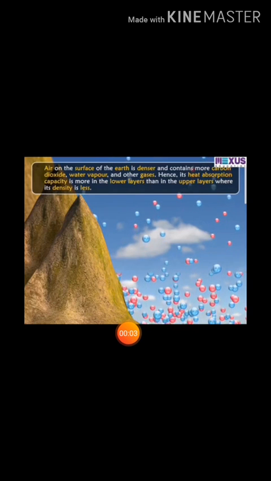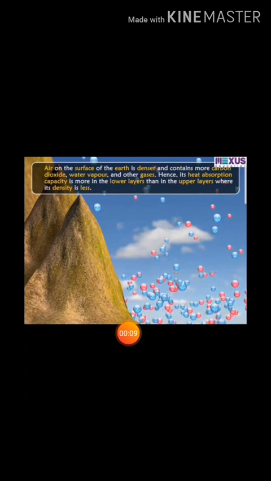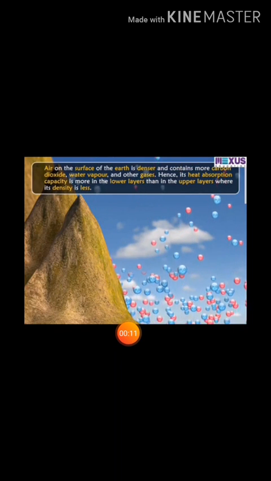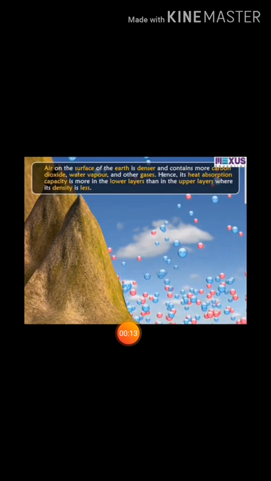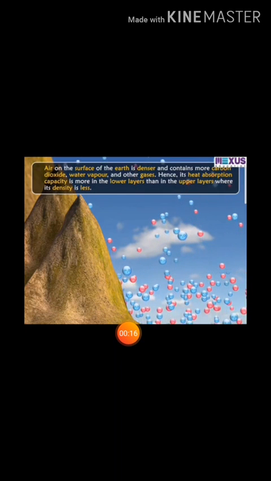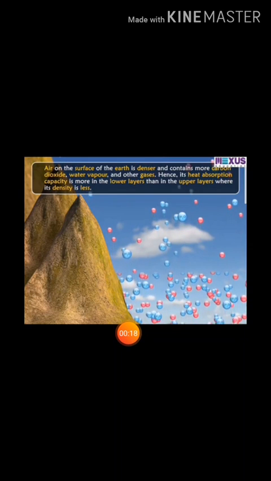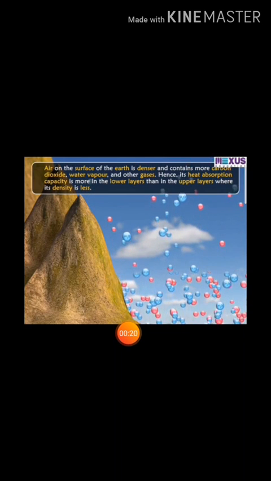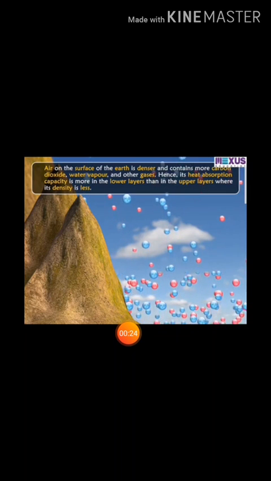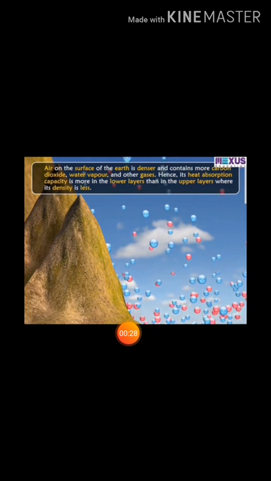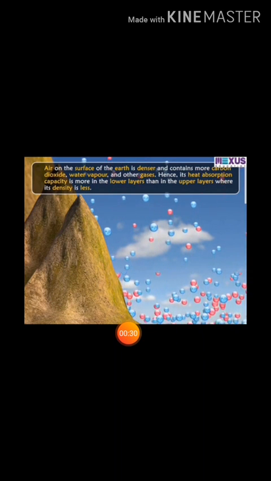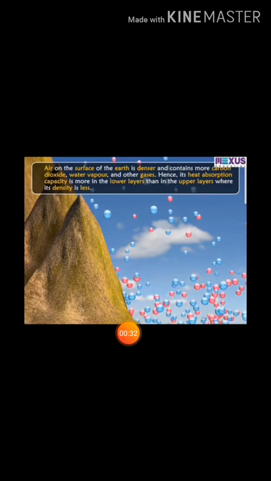As air on the surface of the earth is denser and contains more carbon dioxide, water vapor, dust particles, and other gases which absorb more heat in the lower layer than the upper layer, where it contains a lesser amount of water vapor and dust particles, and hence absorb less heat. That is why hill stations are cooler than plains.